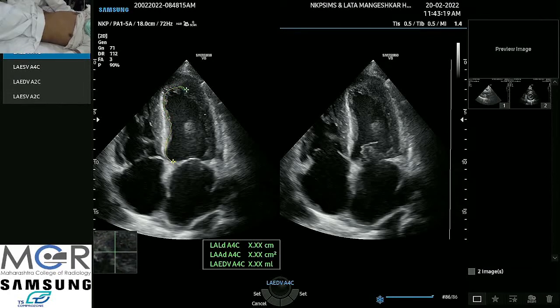This is called the non-compacted part of the endocardium, that is to be excluded. That should not be included in the measurement. This is what I am trying to exclude, the non-compacted portion of the heart.